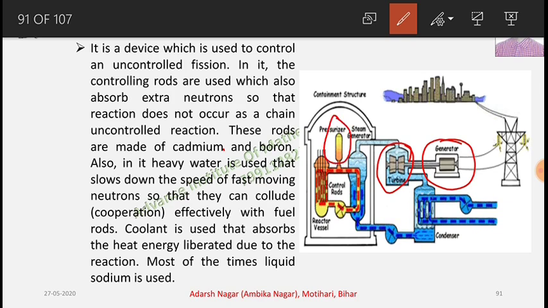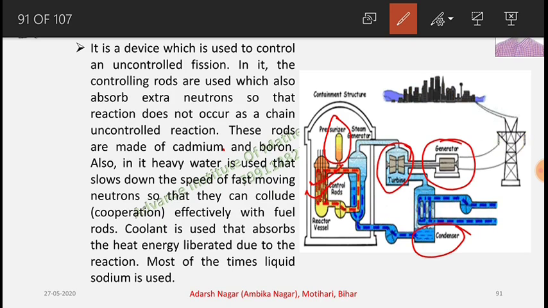Here in this chamber you will get control rods, meaning either cadmium or boron rods which absorb extra neutrons. And here is the condensation, meaning it will condense the vapor into liquid form.